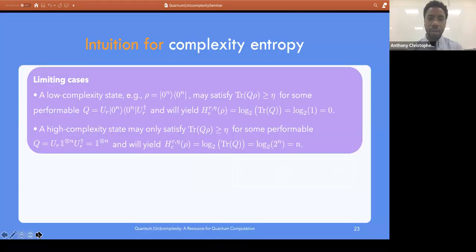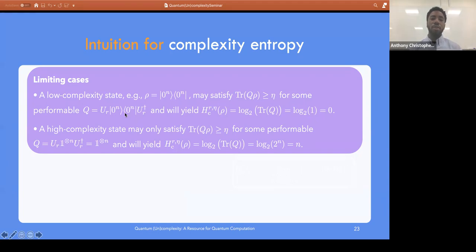To give a bit of intuition for this complexity entropy, let's look at a couple of limiting cases. The first is a low complexity state, the all zero state. In this case, for some performable Q, you can see the two parts of the measurement operator: we have some unitary U_R, the circuit we apply with complexity at most R, and then we can project onto the all zero state.